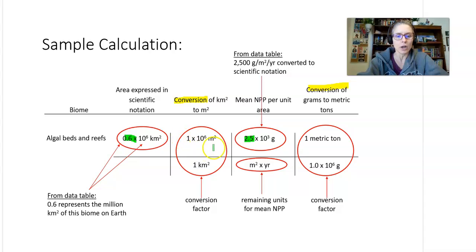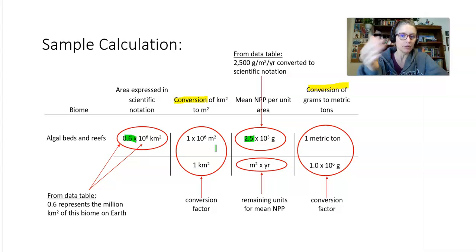And here are the conversions. You can see there are 1 million, 10 to the 6, meters squared in 1 kilometer squared. There is 1 million grams in 1 metric ton. Now, how do you know which one goes where? Well, we're trying to get rid of the kilometers and convert it to meters. So the one you're trying to get rid of goes on the bottom.